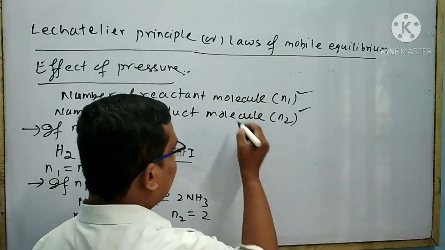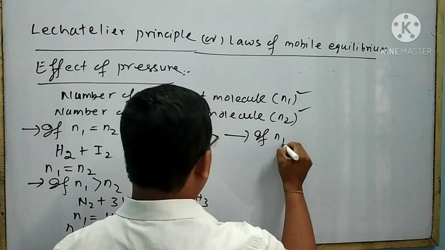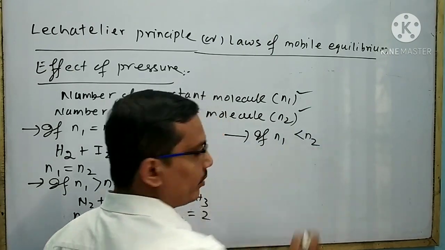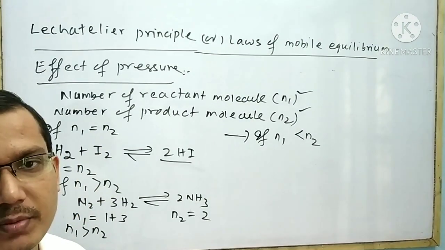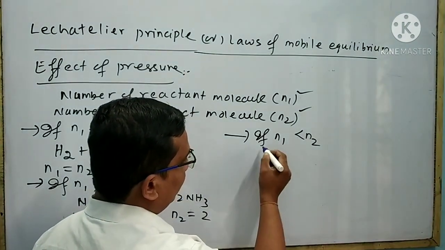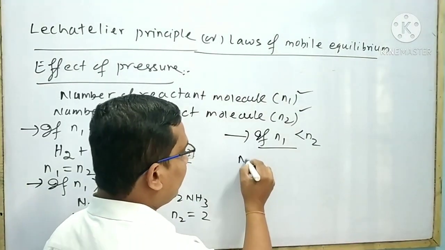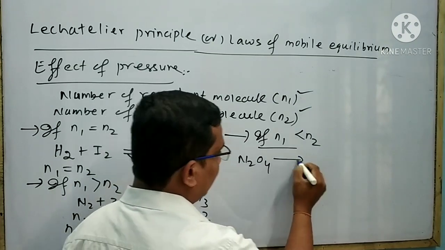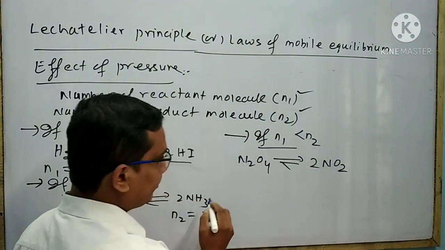Similarly, according to this principle, if N1 smaller than N2, then a decrease in pressure shifts the equilibrium in the forward direction. Let me explain this point with the help of an example. N2O4 gives 2NO2.